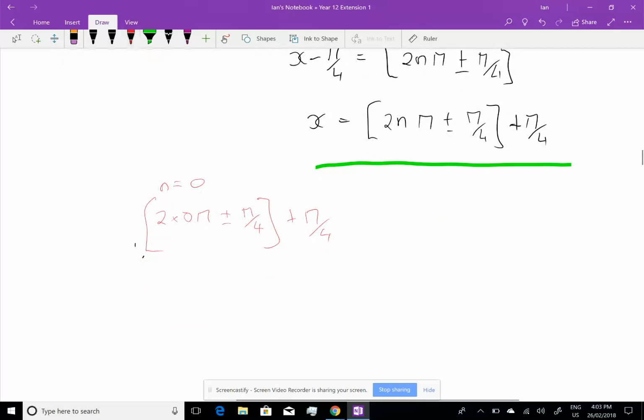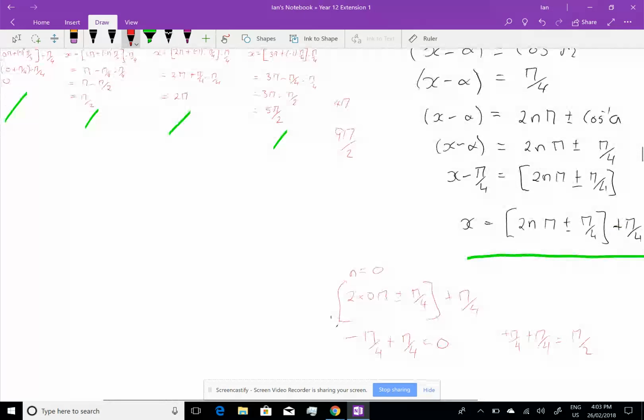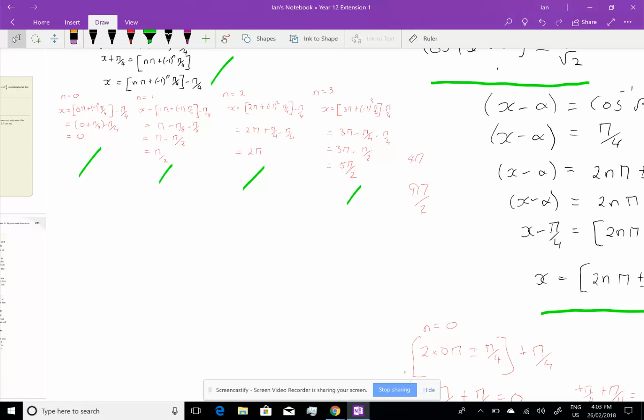If I take the minus pi on 4, I get minus pi on 4 plus pi on 4, which gives me 0. And if I go plus pi on 4 plus pi on 4, that gives me pi on 2. That looks the same as what I got over here for the first two, 0 and pi on 2.